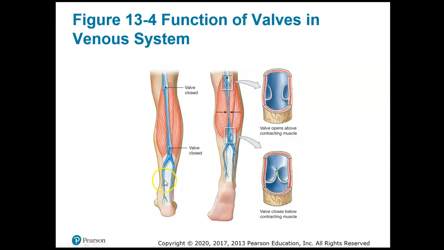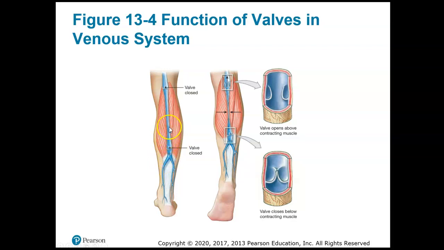Well, there's a few ways. One is muscle activity. Skeletal muscles compressing against the veins will help pump the blood back toward the heart. That's why we say that exercise increases our circulation.